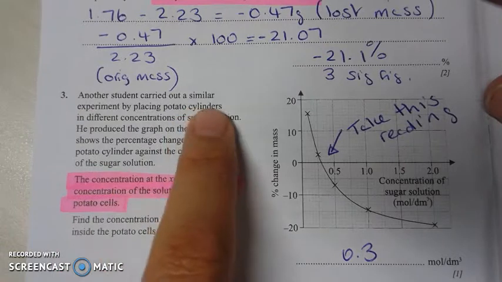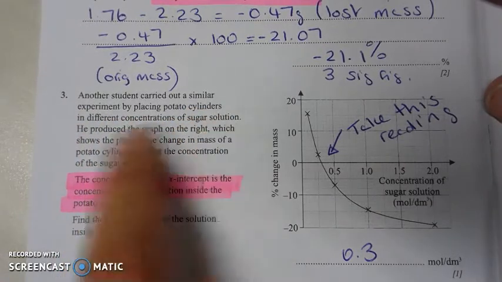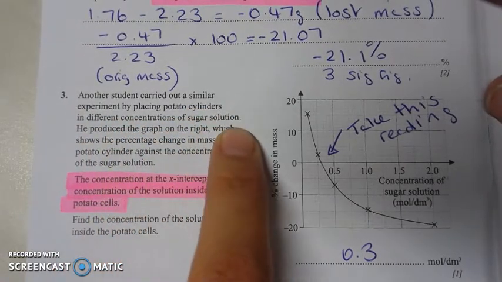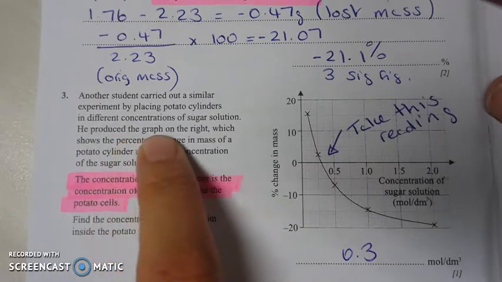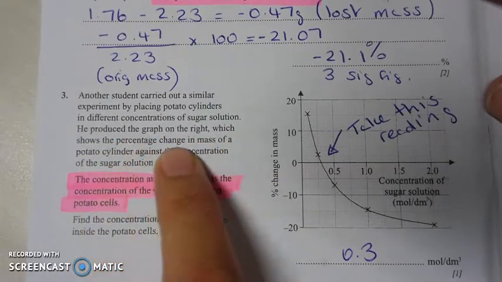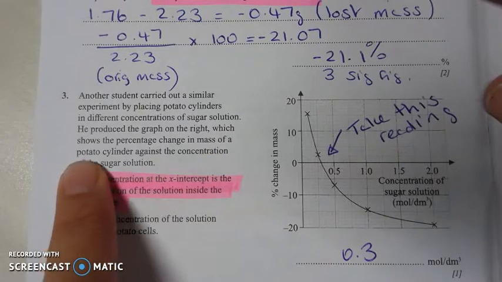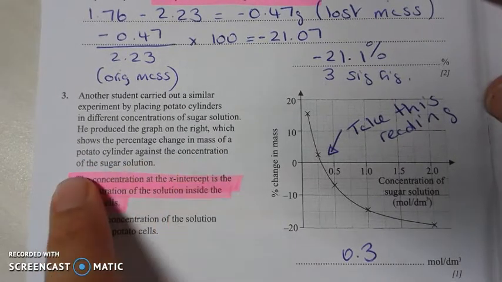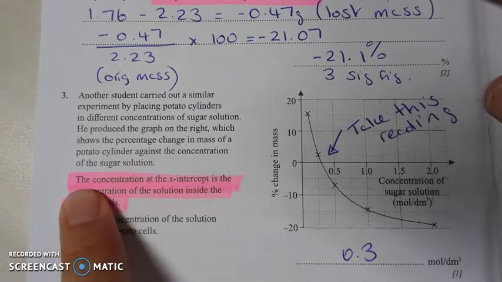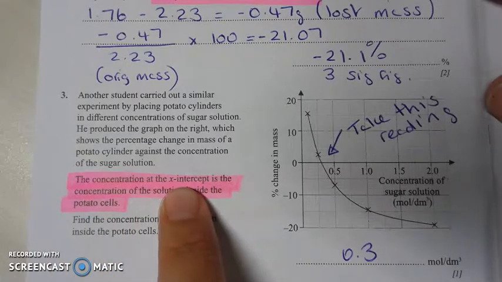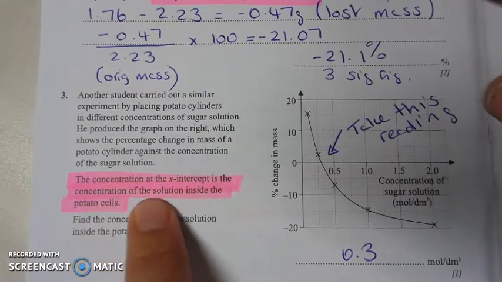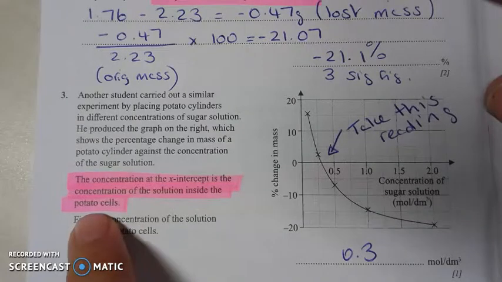Another student carried out a similar experiment by placing potato cylinders in different concentrations of sugar solution. He produced the graph on the right, which shows the percentage change in mass of a potato cylinder against the concentration of the sugar solution. The concentration at the x-intercept is the concentration of the solution inside the potato cells.